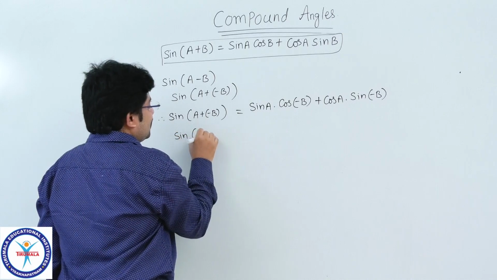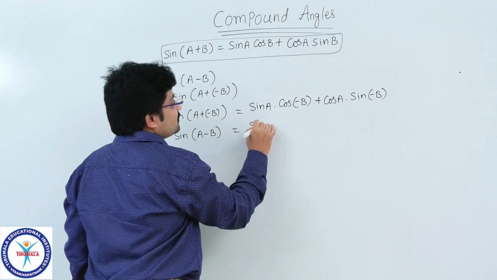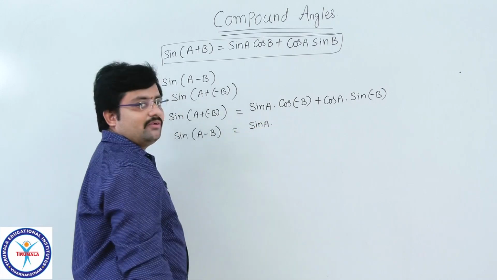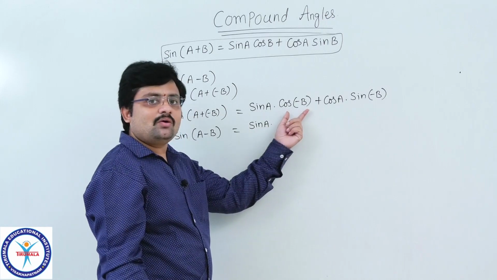Therefore, sin(A-B) is equal to sin A. We have learned in the allied angles that cos of minus theta is again cos theta.